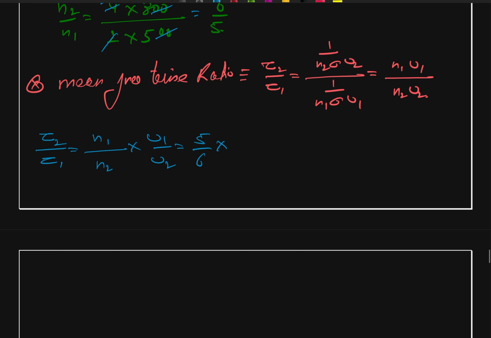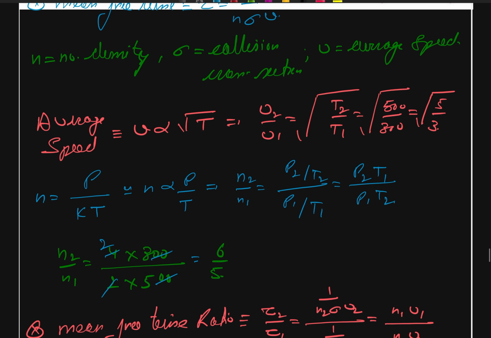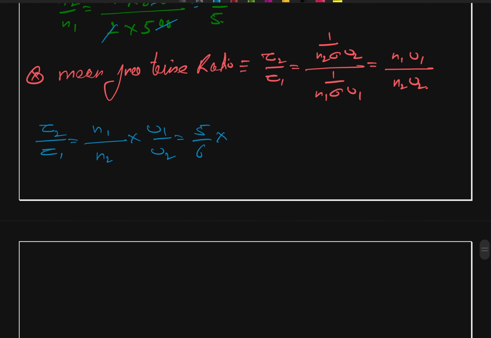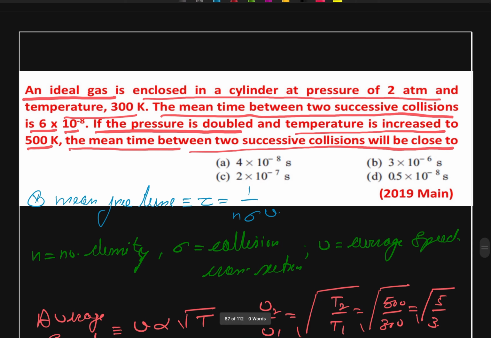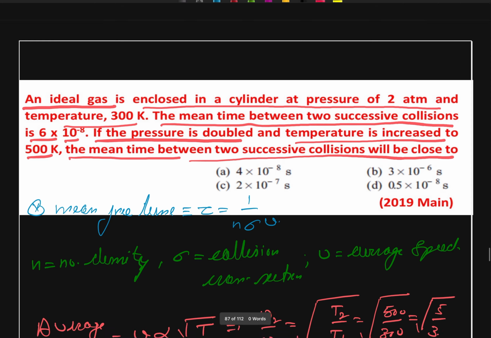and V1 upon V2 is square root of 3 by 5. So this ratio will be approximately equal to 0.645, and tau 1 is given as 6 into 10 to the power minus 8.